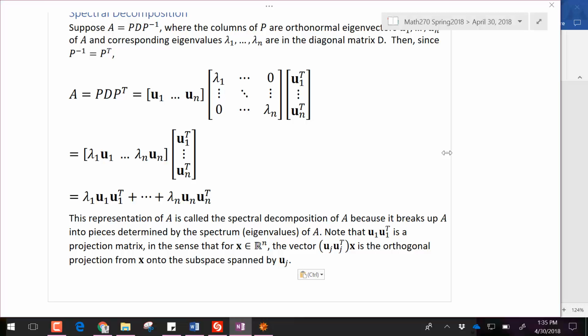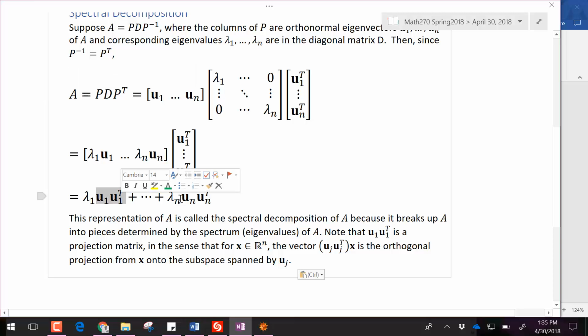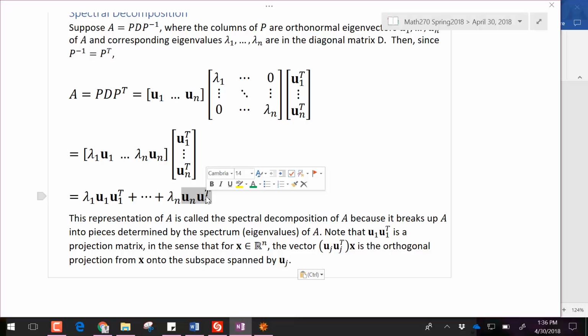We might be able to call those components spectrums, where the matrix A is equal to the sum of a bunch of matrices, scaled by the eigenvalues, which is pretty amazing.